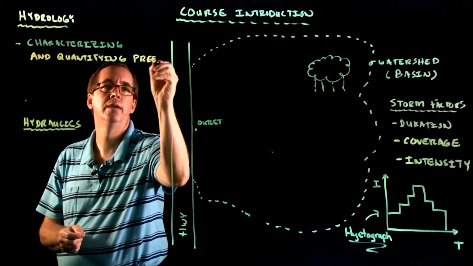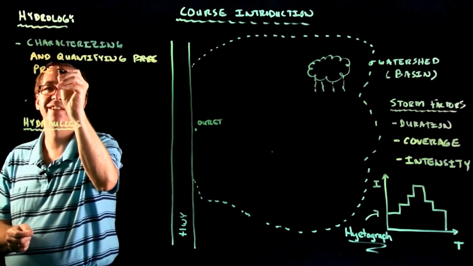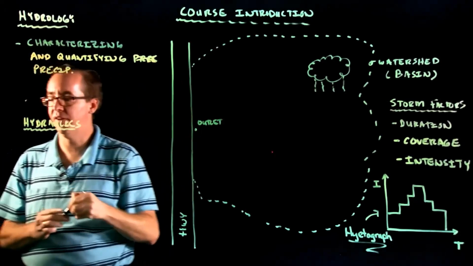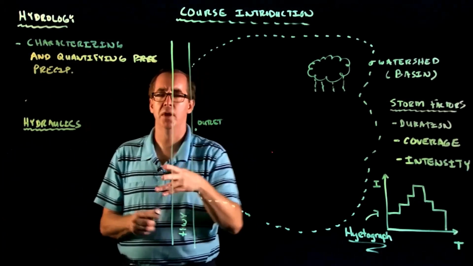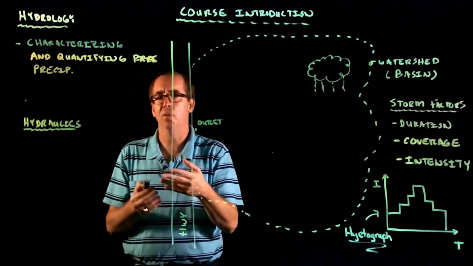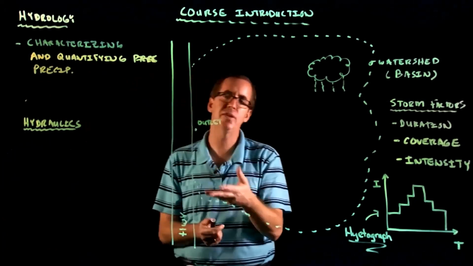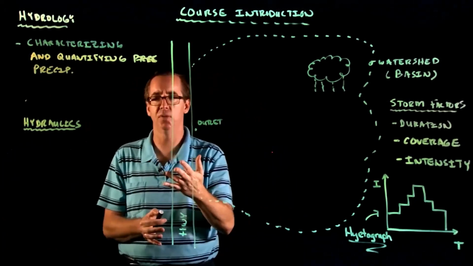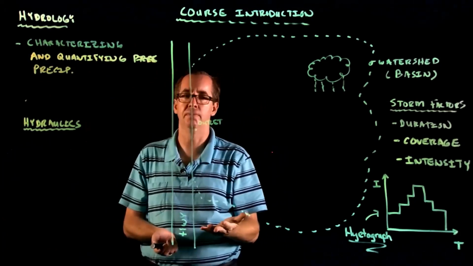So quantifying or characterizing precipitation. Essentially, how much did it rain? And the rain that occurred last night, was that significant, like a 5-year rain event? Was that a 10-year storm? We've all heard about these periods of storms, and that's what we mean by characterizing or quantifying precipitation.